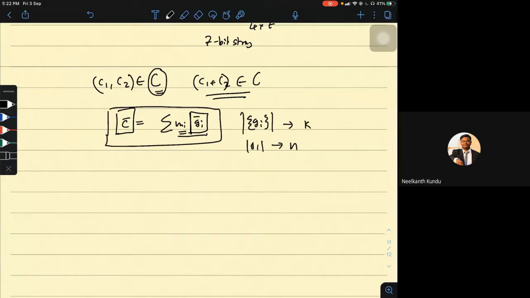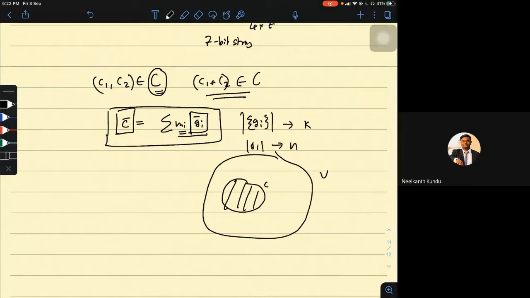So this smaller space C belongs to the larger vector space V, and they have this closure property: if I have C1 and C2, the sum of C1 and C2 also belongs to C.